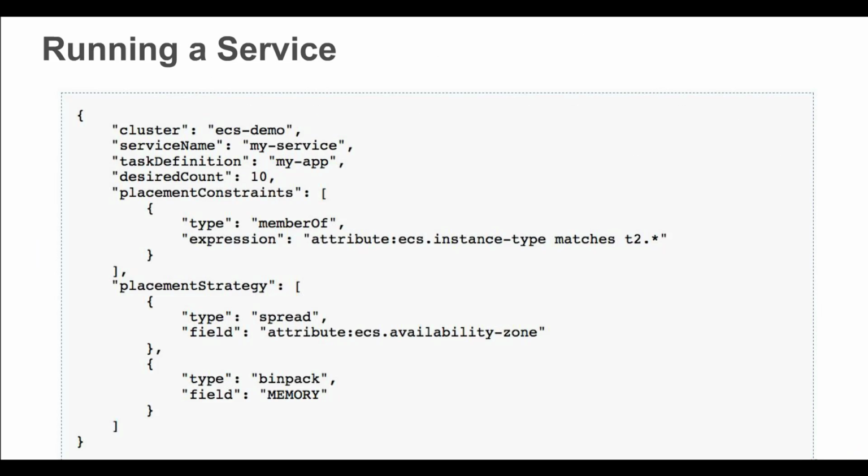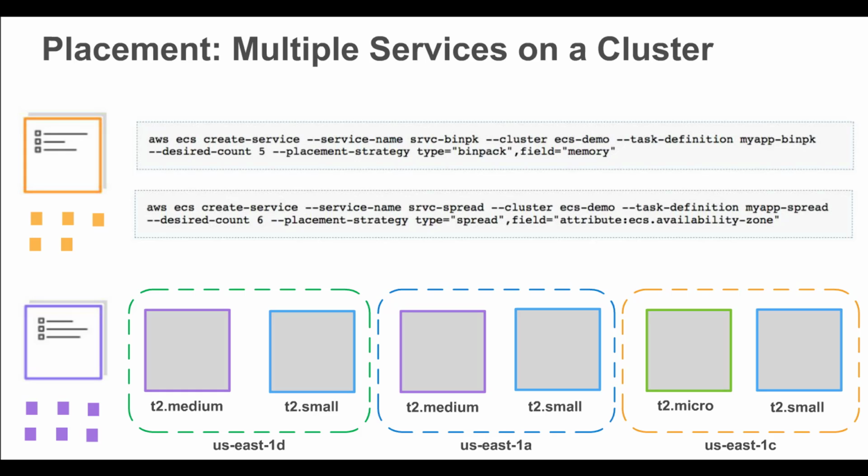It is as easy as updating a JSON file to include these placement constraints and placement strategy. Another example is putting multiple services on a cluster, in case heterogeneous services on the same cluster is the use case you are targeting.